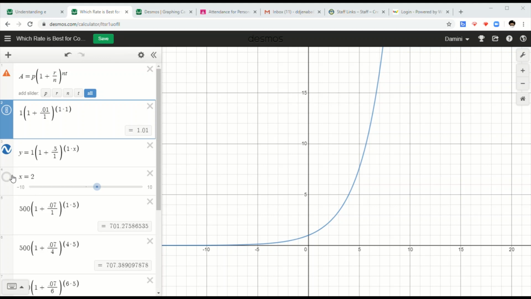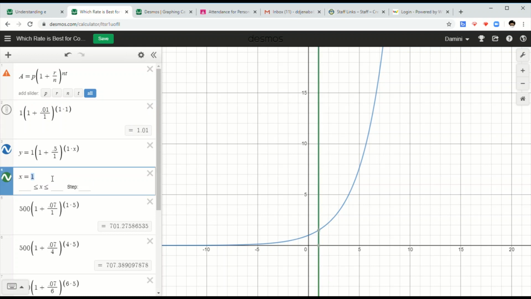I'm going to click this on, and we're going to look at what's happening at x is equal to 1. Now, what does it mean by x is equal to 1? That's what's happening at the end of 1 year. And when I go over here, we again see, at the end of 1 year, I will have $1.50. So let's apply this again. At the end of the second year, what are they going to do? They're going to take our balance, which now is $1.50.